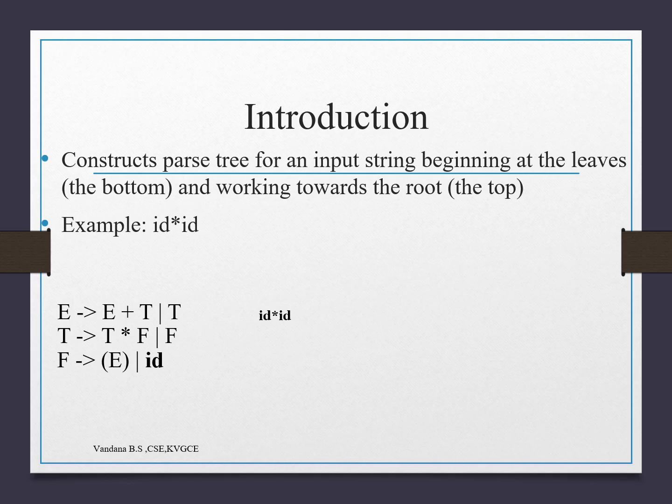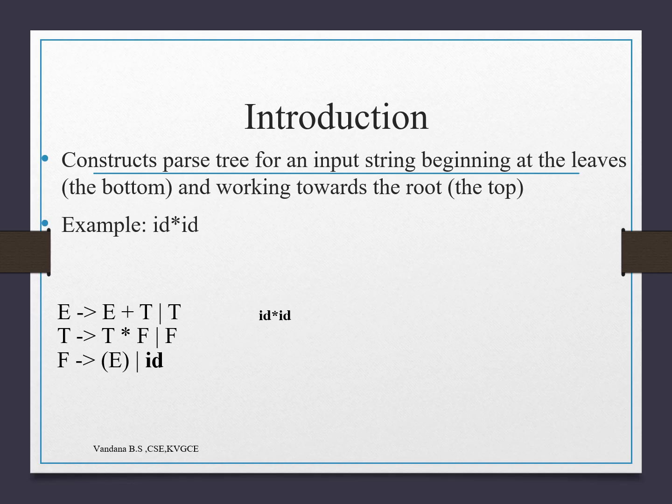In general, bottom-up parsing constructs a parse tree for an input string beginning at the leaves and working towards the root. This is our discussion: the arithmetic grammar, and the corresponding input is ID star ID. The strings in the sequence are formed from the roots of all the subtrees in the figure.